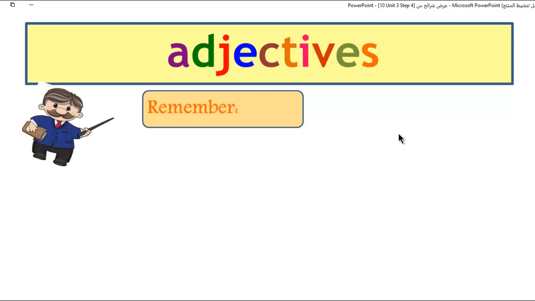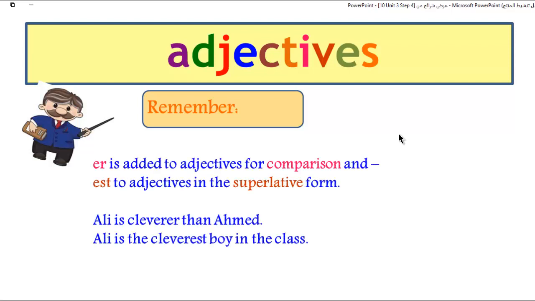Remember, what do we do with comparative and superlative? ER is added to adjectives for comparison and EST in the superlative form with short adjectives. Ali is cleverer than Ahmed. Ali is the cleverest boy in the class.